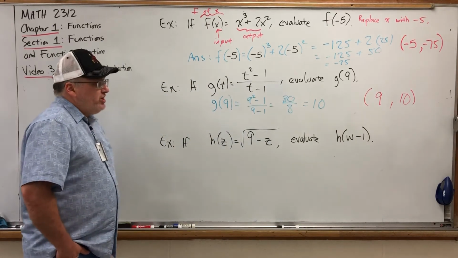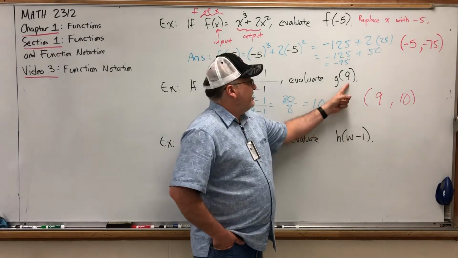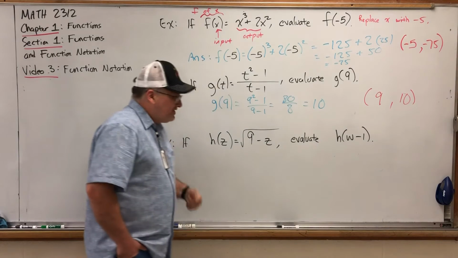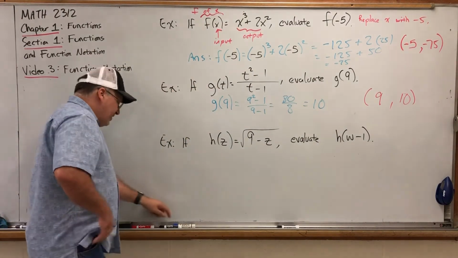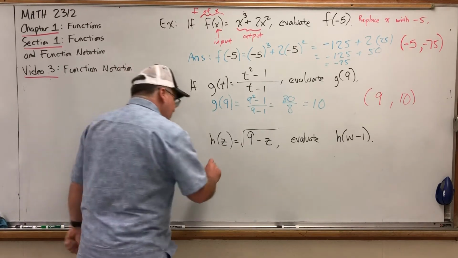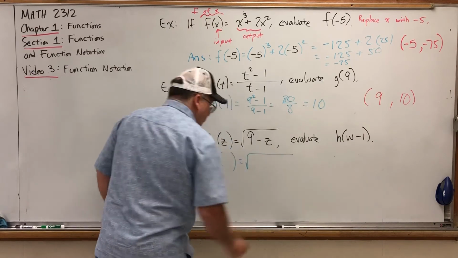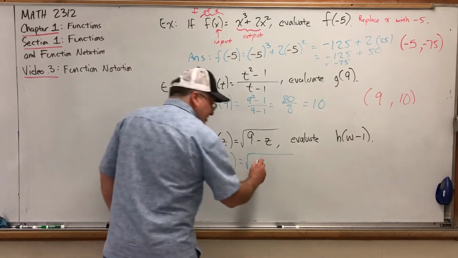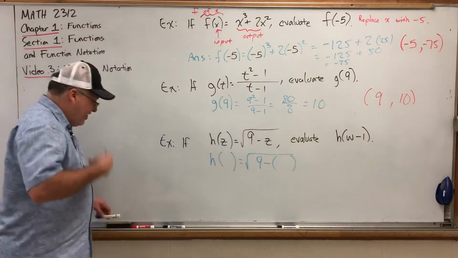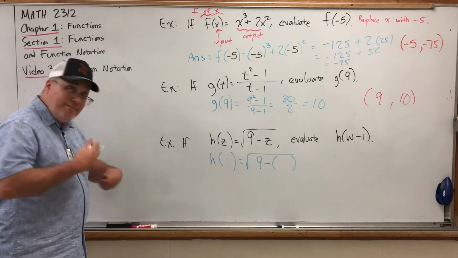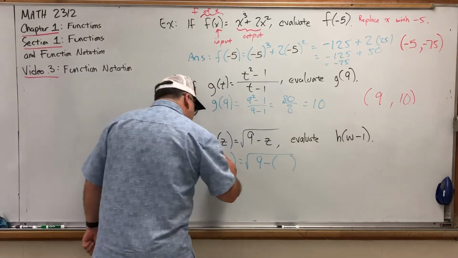When you're substituting an expression like w minus 1, as opposed to a constant like 9 or negative 5, that's a really good time to do the empty parentheses approach, meaning that you write the function, but replace each occurrence of the input variable, in this case z, with an empty parentheses. So under the square root, instead of 9 minus z, I'm going to write 9 minus empty parentheses. Then proceed to put the correct input in the parentheses. In this case, the correct input is w minus 1.